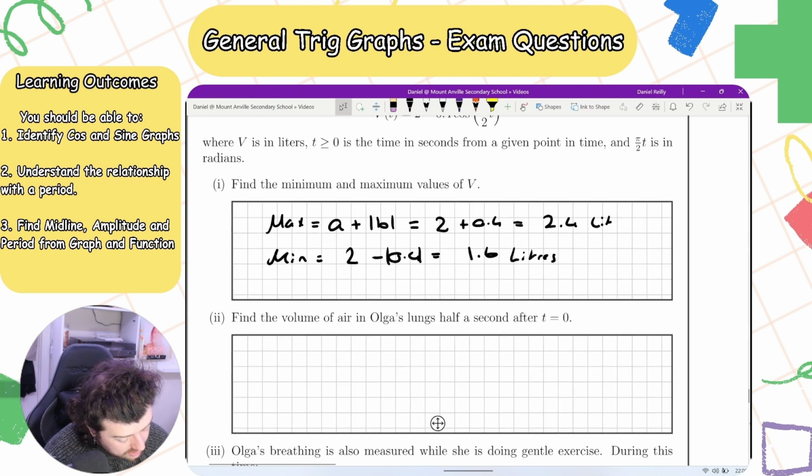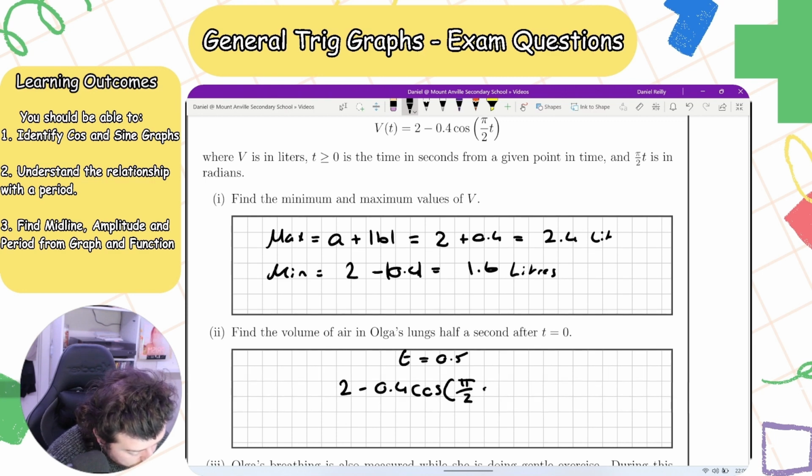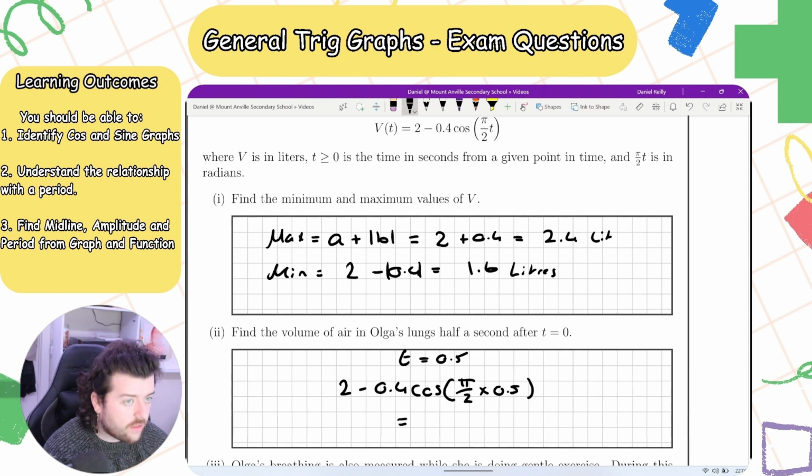Next, find the volume of air in Olga's lungs half a second after t equals 0. So t equals 0.5. I'm going to get 2 minus 0.4 cosine pi over 2 times 0.5. Put all of that in my calculator and make sure that I am working in radians.